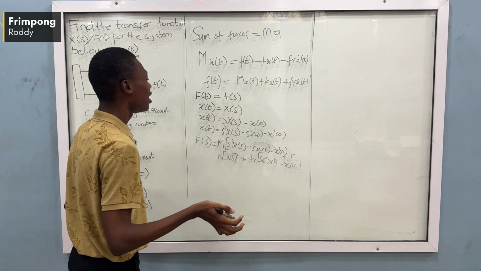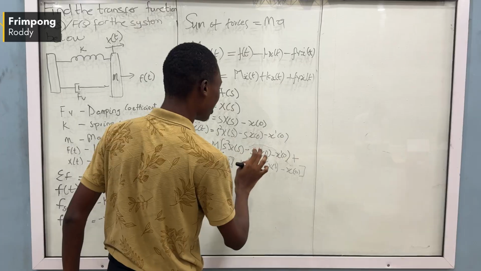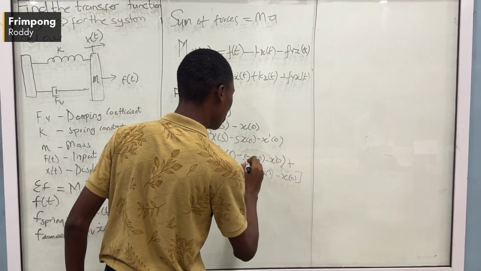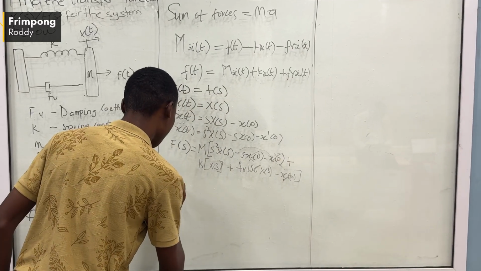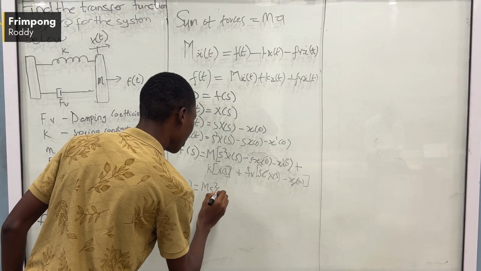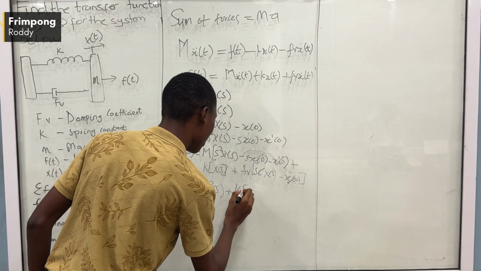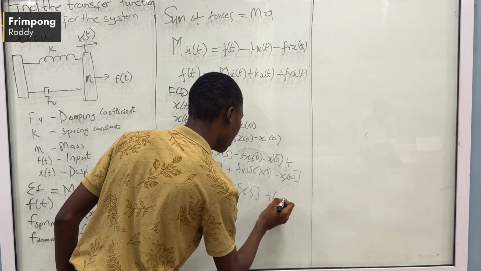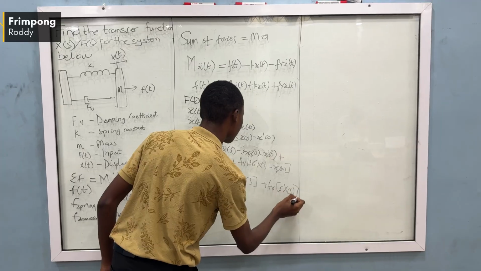And from a linear time invariant system, we know that the initial conditions are 0. So this will be 0, this will be 0, and this will be 0. So you have F(s) equal to m s squared X(s) plus k X(s) plus Fv s X(s).